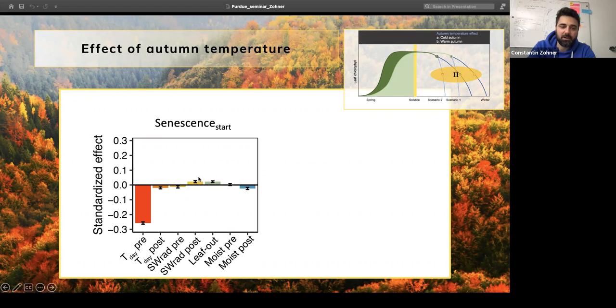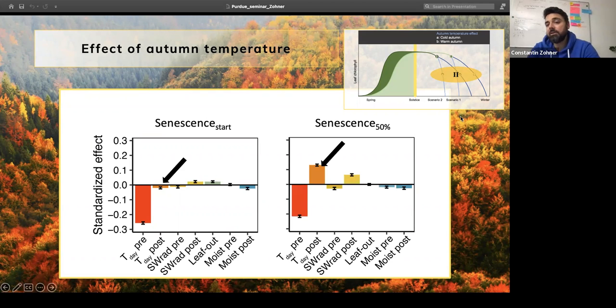If we look at the correlation, the important part in this graph, where different drivers have been tested, is that bar, which is the post-solstice temperature, so basically the autumn temperature. We see that there's basically no effect of autumn temperature on the start of senescence, whereas again, the pre-solstice temperature, the early season temperature, has the strong negative correlation with the start of senescence. It's actually the main driver of the start of senescence.